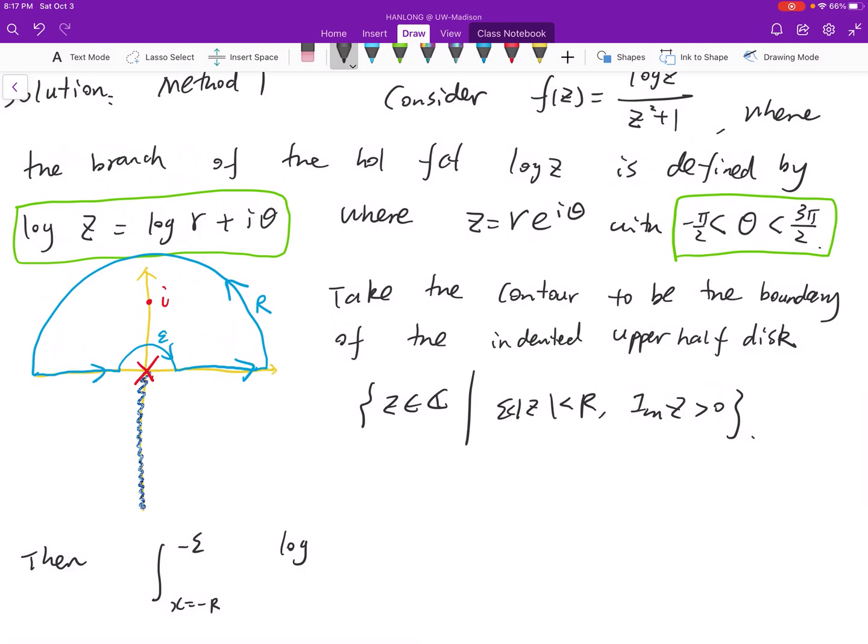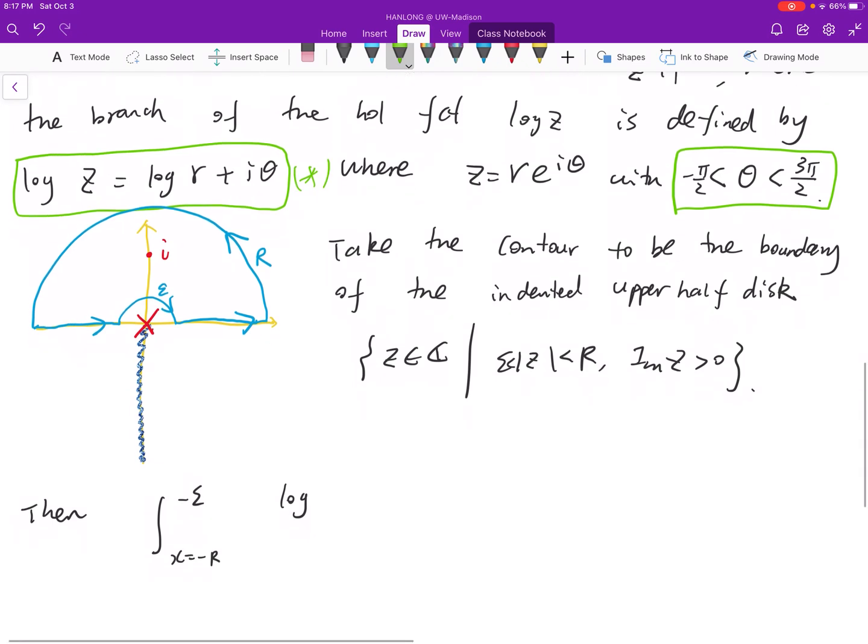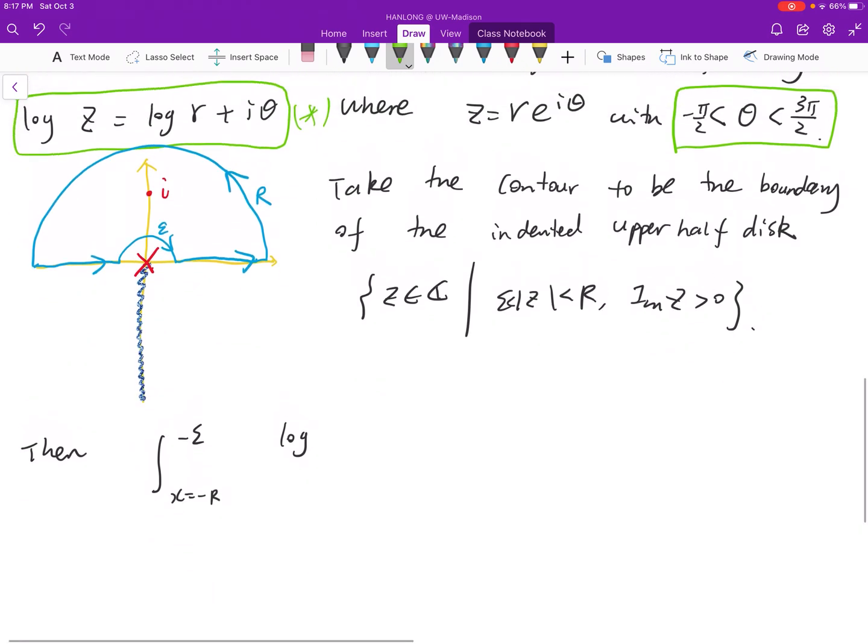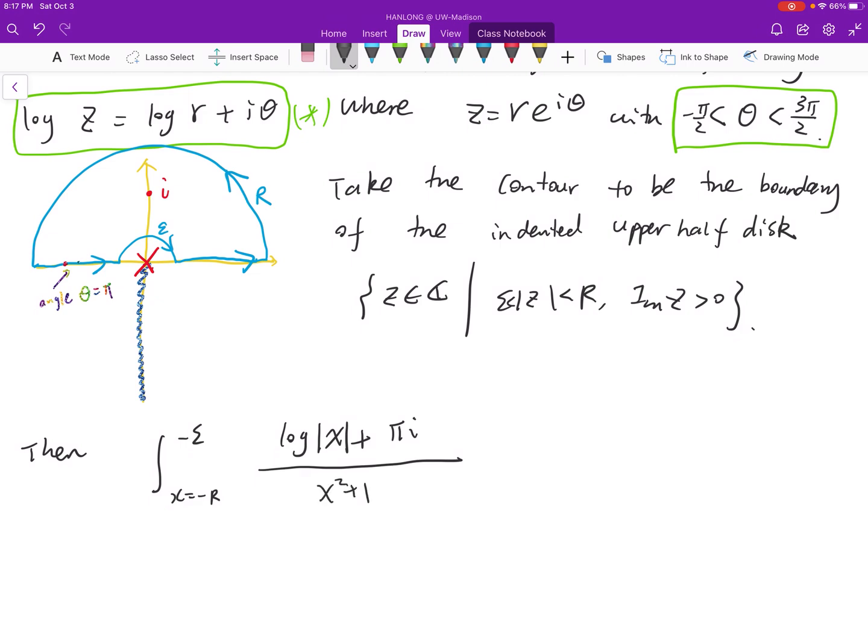We use the formula in the green box to calculate this. So it will be log absolute value of x plus the angle times i. For all the points here, the angle theta is pi. So you get log |x| plus pi i, divided by x squared plus 1, dx.